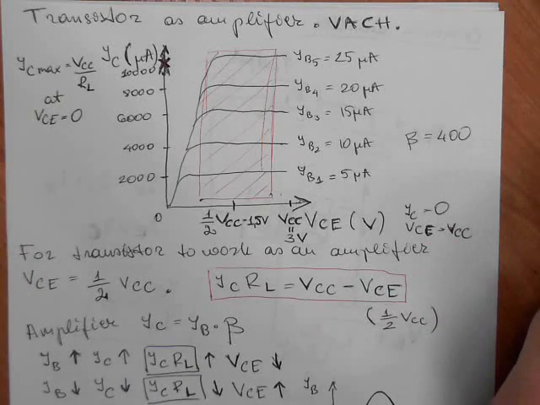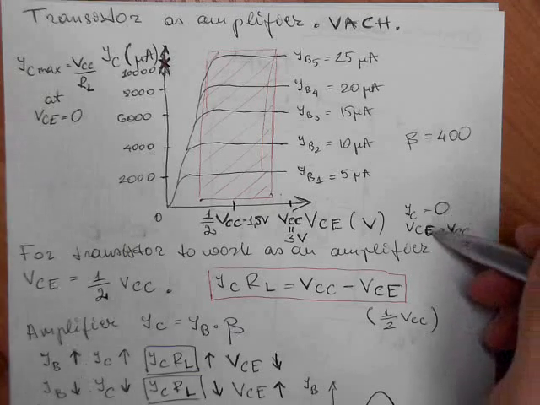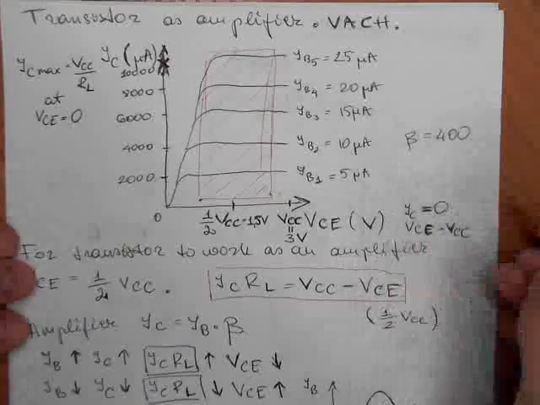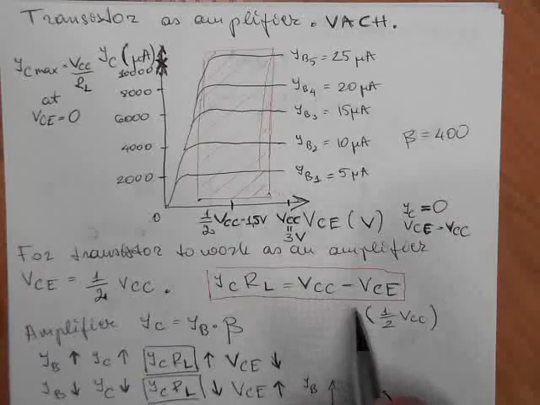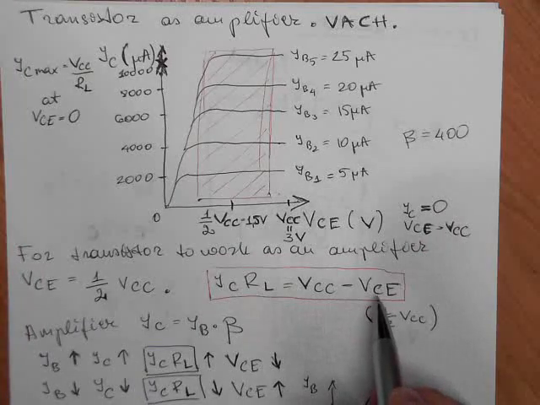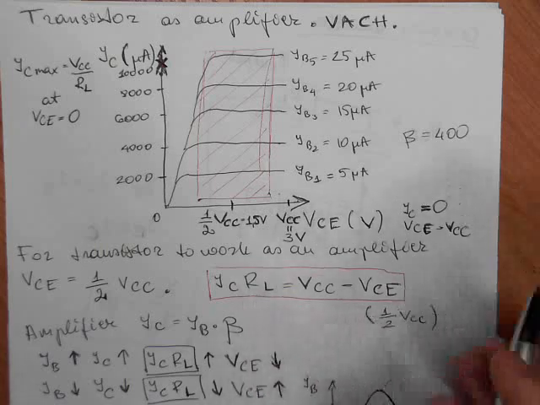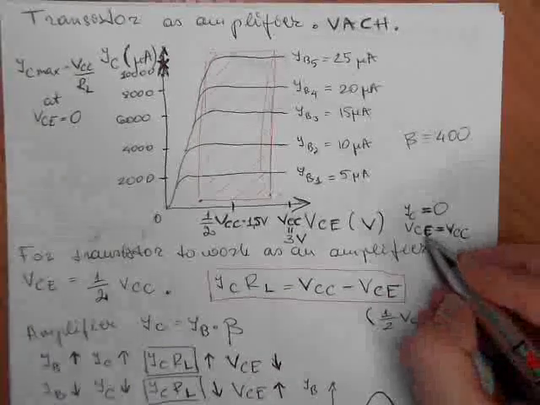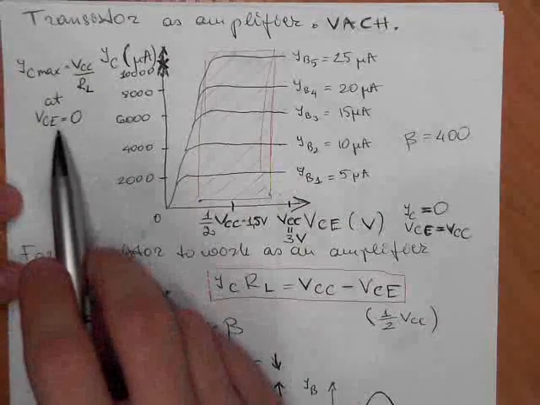At IC is 0, everything drops on VCE, because here nothing drops, and all the VCC drops on VCE. Here VCE is 0, everything drops on the load resistor.